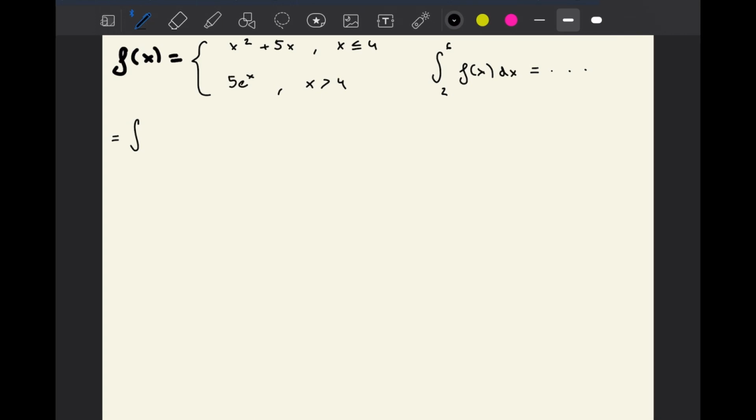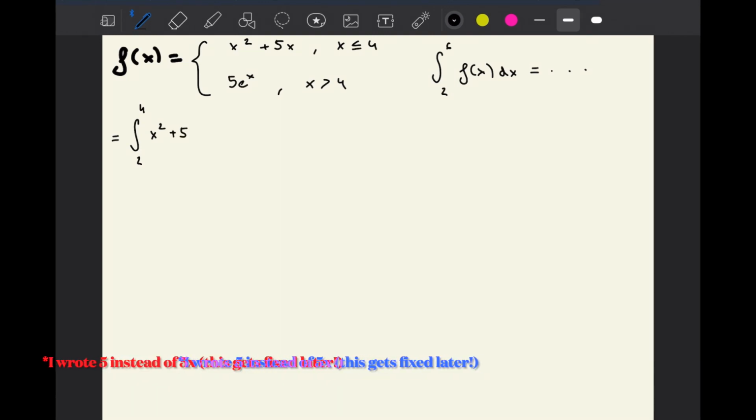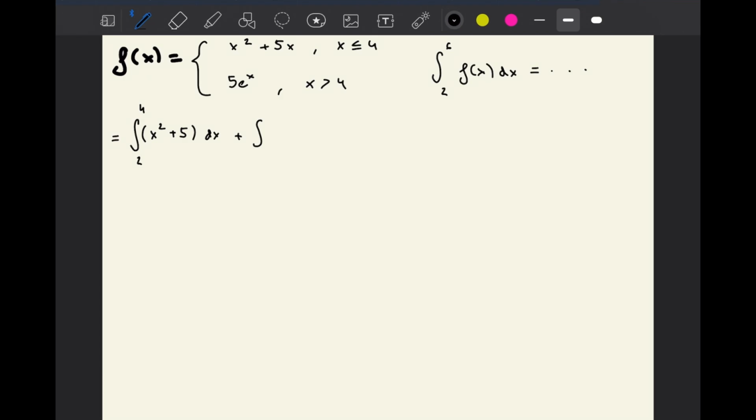So over here, let's start off with 2 going up to 4, and this is when x is less than 4, so it's going to be the integral of x squared plus 5x dx, plus the integral going from 4 to 6 of 5e to the x dx.